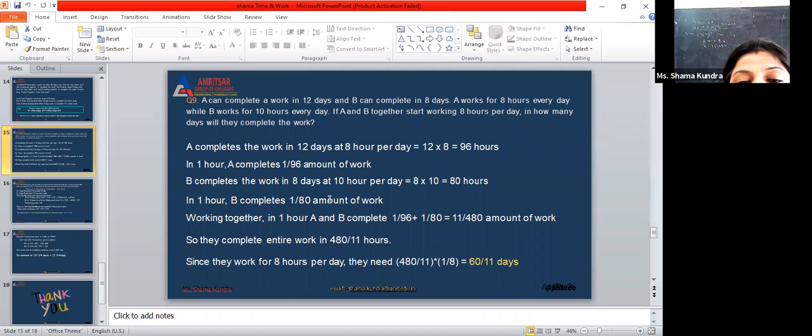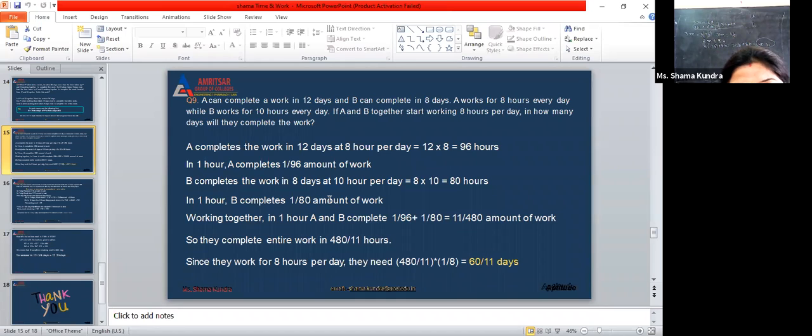So A completes the work in 12 days. Every day how many hours does A work? 8 hours. So total, how many hours does A take to complete the entire work? 12 into 8, that is 96 hours. That means A can complete the entire work in 96 hours.